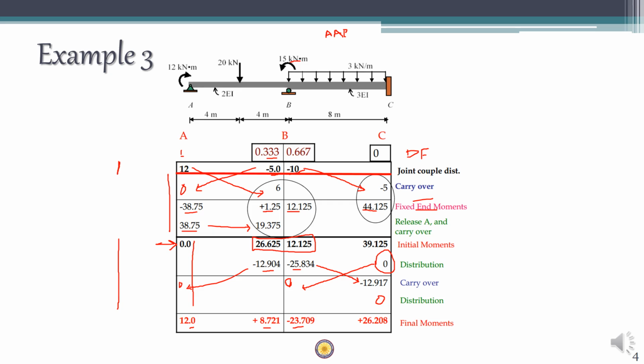So once you get all the moments, you can mark out your active moments in the beam. You will use again the same sign convention. Active anti-clockwise moments are positive, so there is a positive moment here, which means that the support moment at A is going to be anti-clockwise. So this is your support moment.